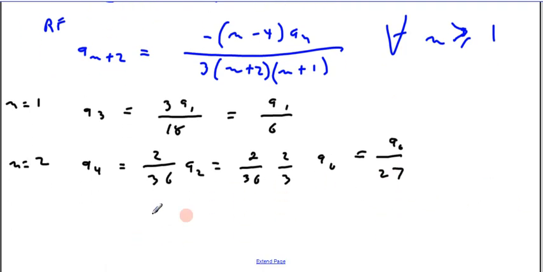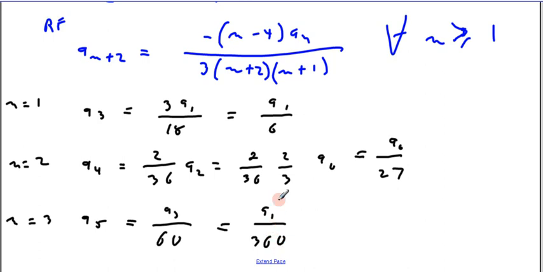Okay, I'm going to look at n is equal to 3, which is going to be a5. n is 3, so that's a 1, so it's going to be a3 over 60, which is going to be a1 over 360.